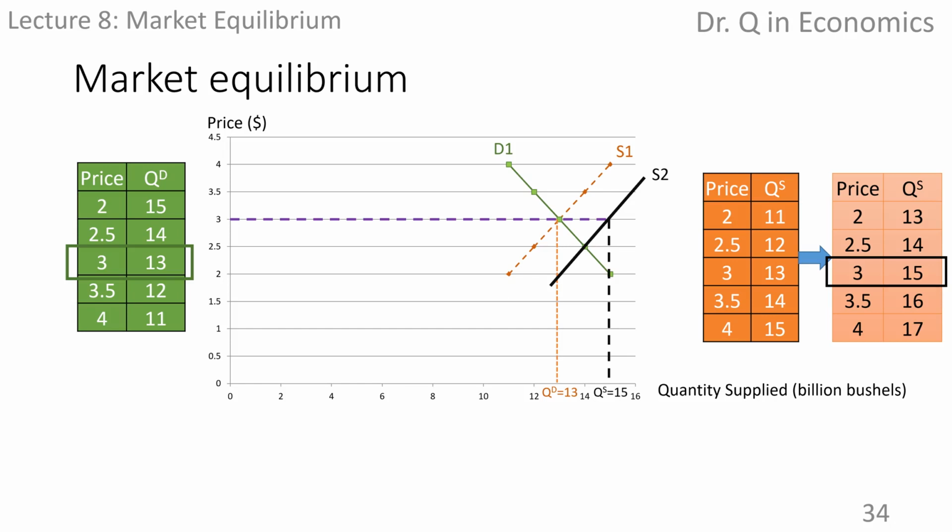The quantity wanted and able to be purchased by consumers, 13, is lower than the amount willing to be supplied by sellers, 15. This gap is a surplus, and it equals 2 billion bushels. The surplus sends sellers signals to decrease the price to clear the market, because a lower price will encourage consumers to buy and discourage some producers from selling, so that quantity demanded and quantity supplied eventually merge.